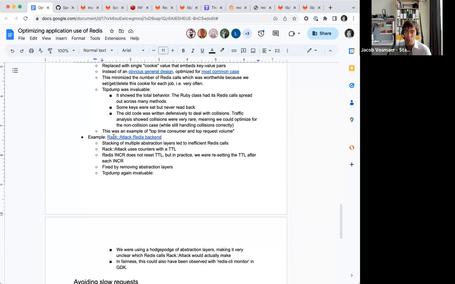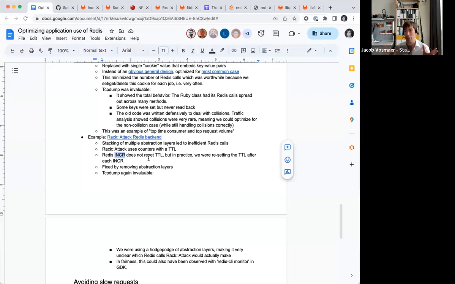We had another funny problem with rack attack, which is the rate limiting middleware we use in GitLab, where we were passing through many abstraction layers to update counters in Redis. And one of these abstraction layers did not take into account that if you increase a key in Redis as a numeric value, that doesn't change the TTL.